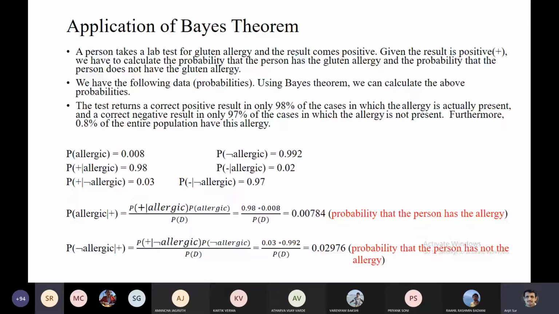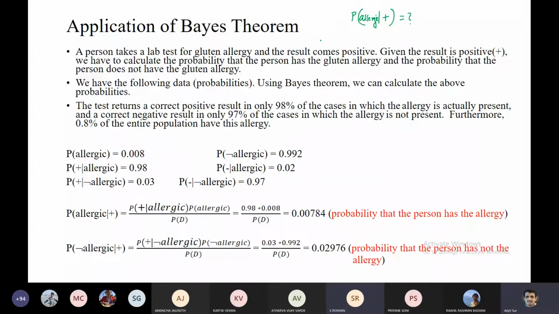Now, given the result is positive, we have to calculate the probability that the person has a gluten allergy. What is the probability that the person has the gluten allergy, given that the test is positive?